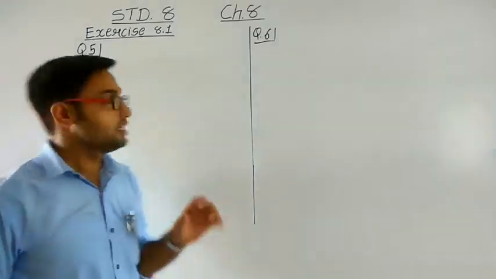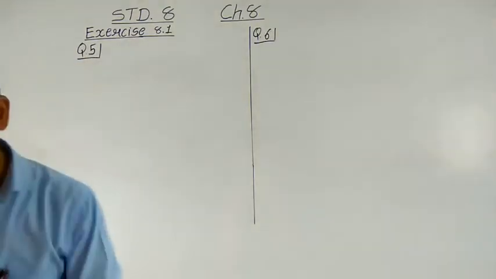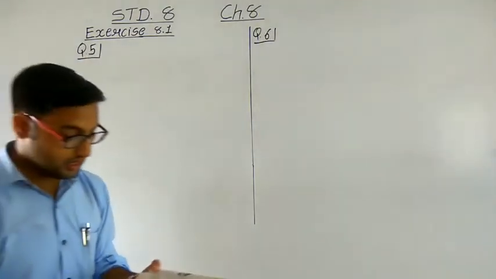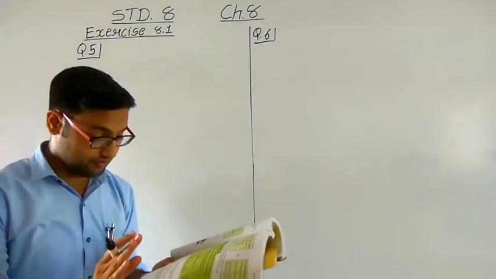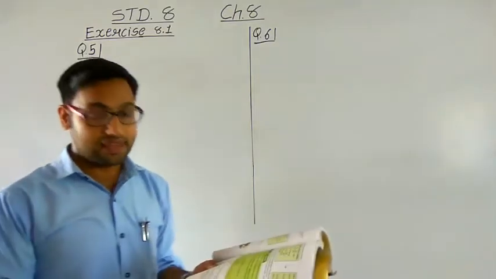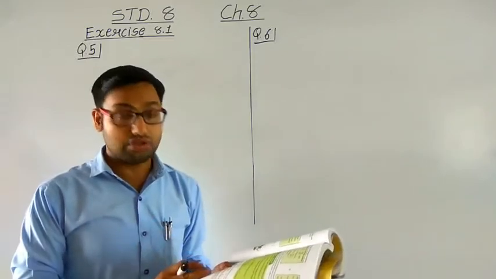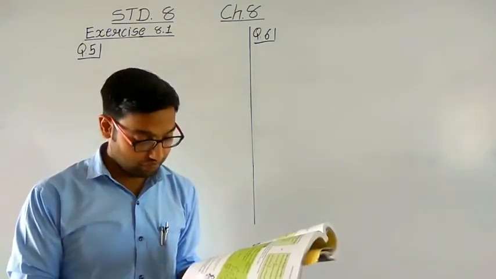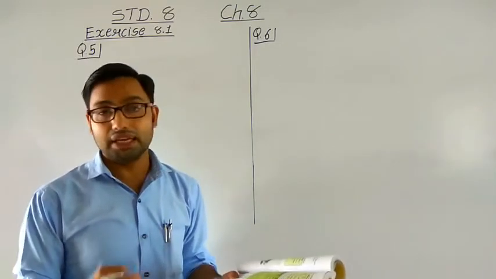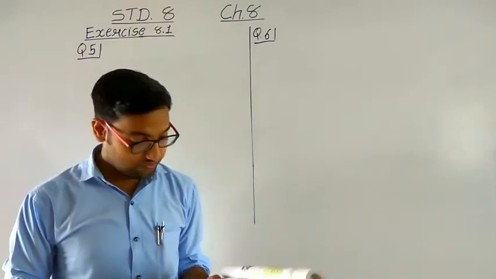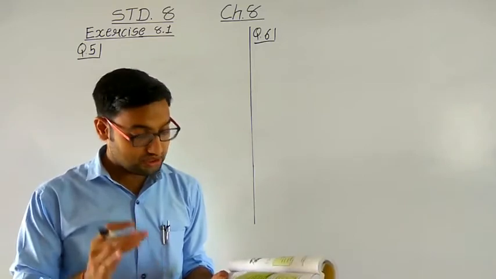Right? Okay, let us study question number 5. What is the question? If Chameli had rupees 600 left after spending 75% of her money, how much did she have in the beginning? We don't know how much money Chameli had.